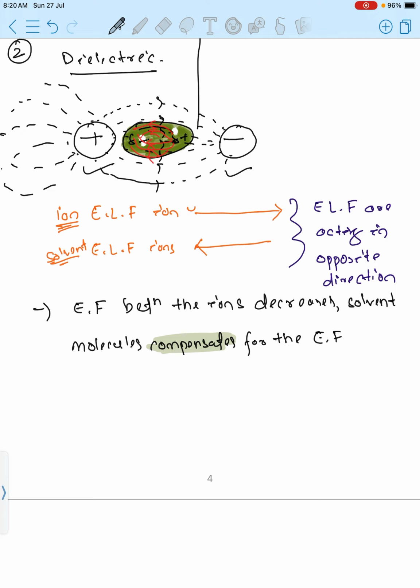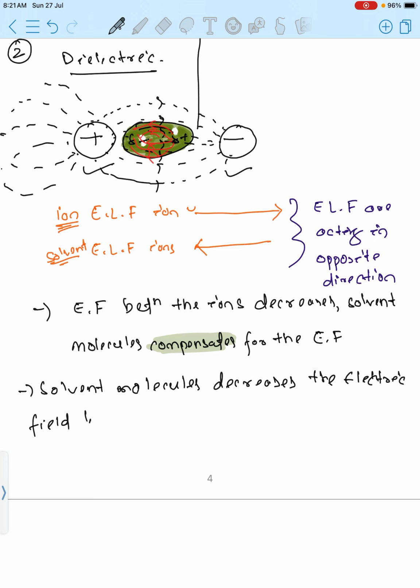Electric field intensity actually decreases. That means solvent molecules decrease the net electric field intensity between the ions.